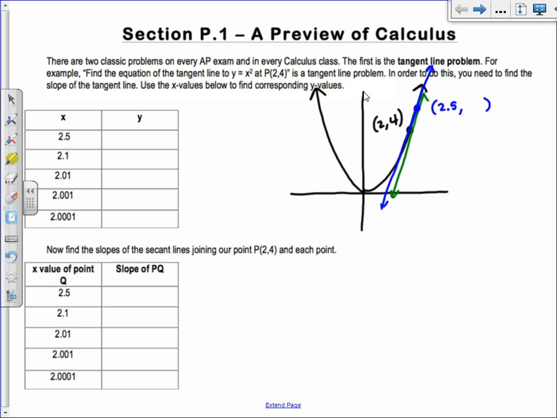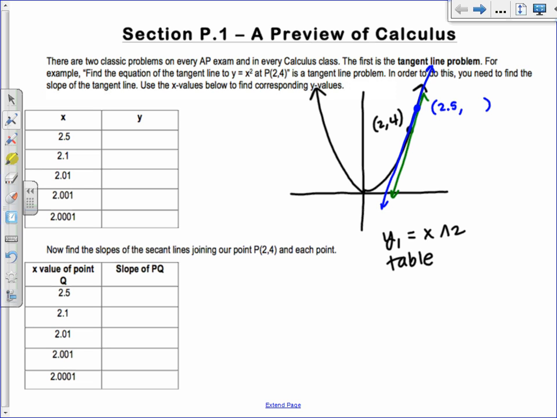Go ahead and get out your calculator. We're going to use the table function on that calculator. Under y1, the y equals, you're just going to put in x squared. Then you're going to go to the table. You can do second graph, which is table.